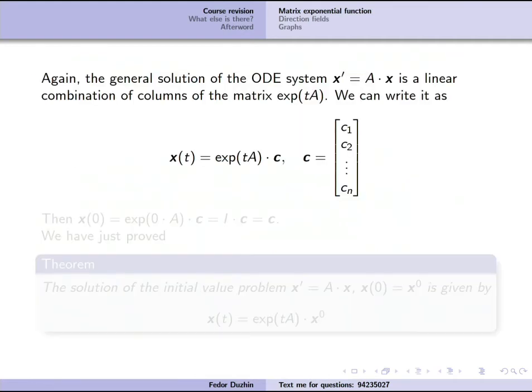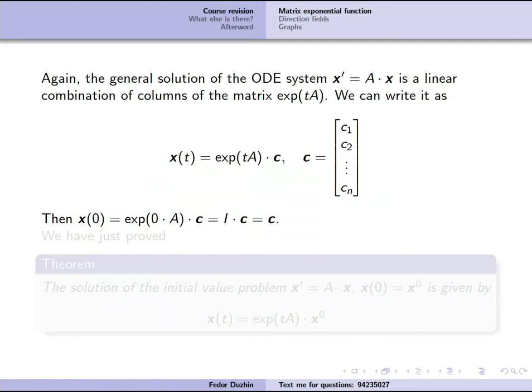So, what is the essential advantage? Well, besides the beautiful theory, the advantage of the solution of the ODE system in terms of the matrix exponential function is in the fact that not only does it solve the system of equations, but it also solves the initial value problem.